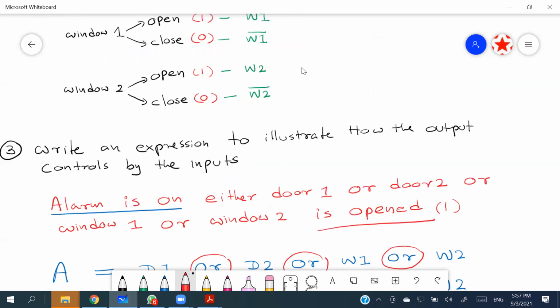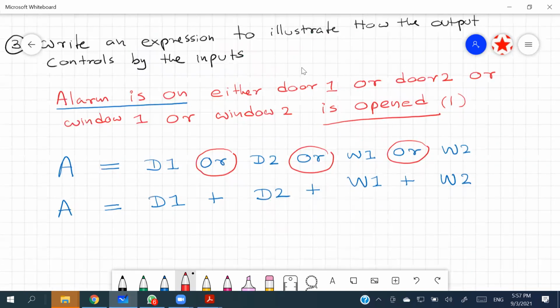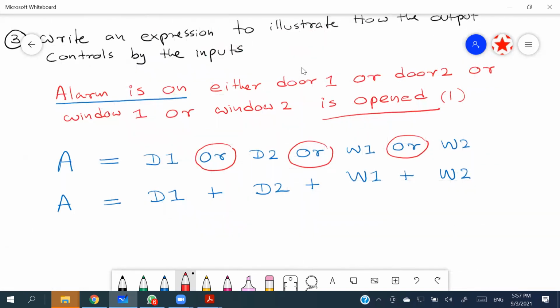Right? So we simply say door 1 is open, so we indicate it by D1, or, that is a very important word, or. Then D2 is open, so D2, or W1 is open, W1, or W2 is open, W2. So then we have converted the word OR into its symbol, right?